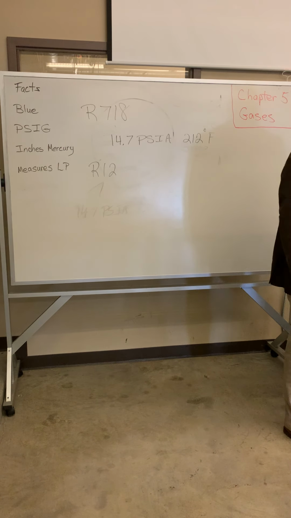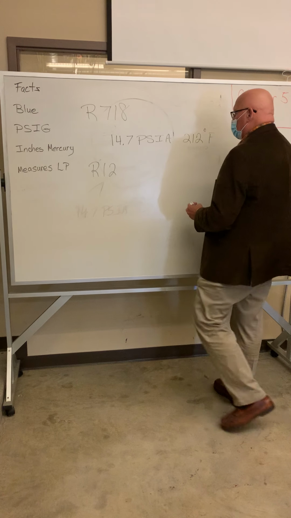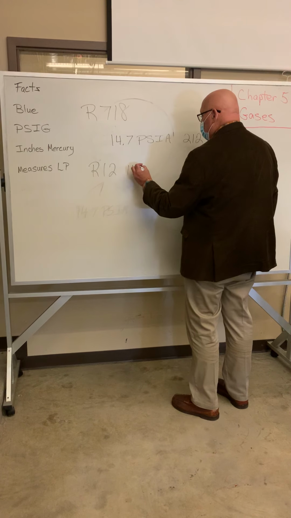It is negative 20.2. So that's considerably less than it is for water. And we can use these various different refrigerants so that we can remove the heat that's in the room.